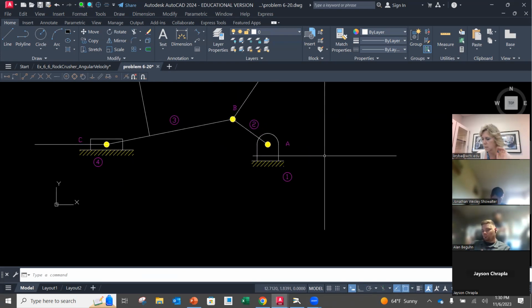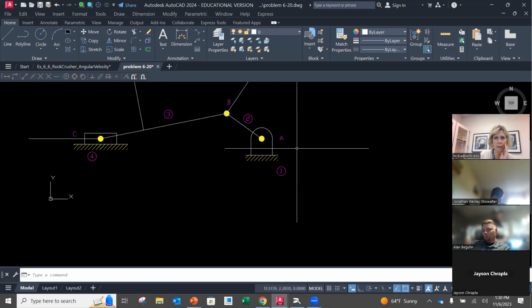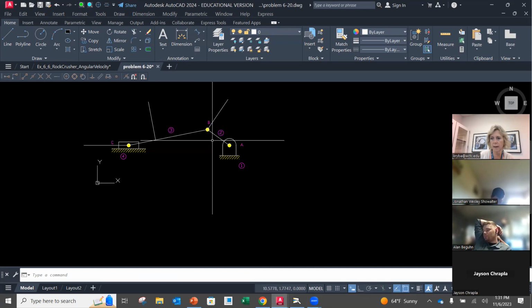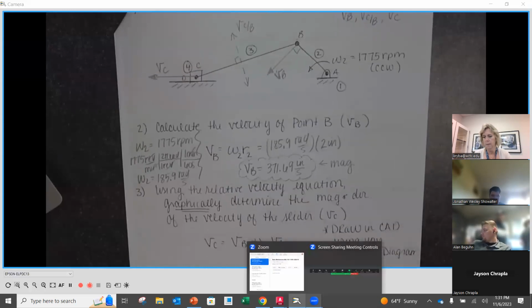All right, so my velocity is pretty big. This right here is only 2 inches long, if I remember right. Yeah, it's only 2 inches long. So if I would draw my velocity of B at the full 371, it's going to be huge compared to this. So as we look underneath here, I'm going to divide this by 100.